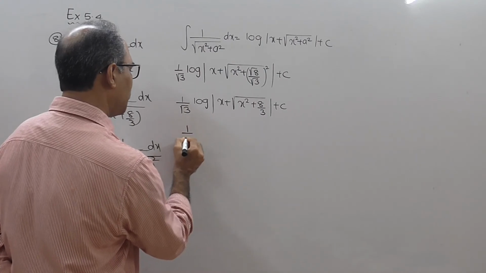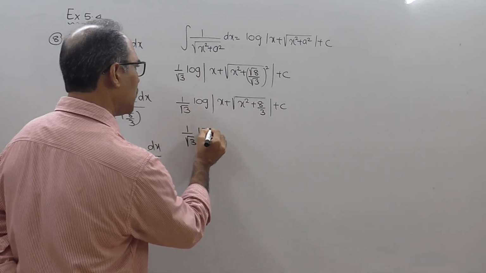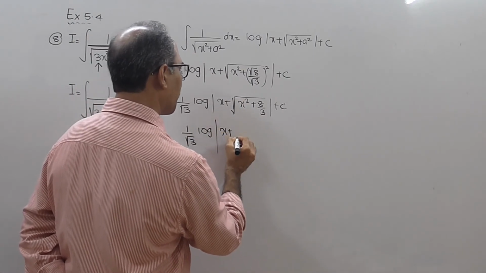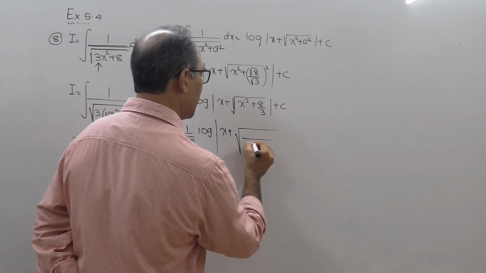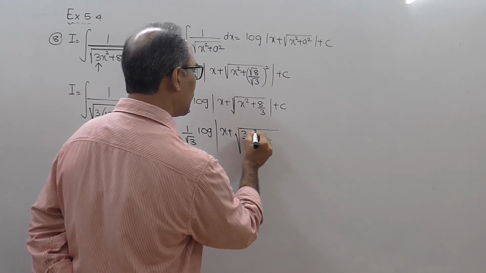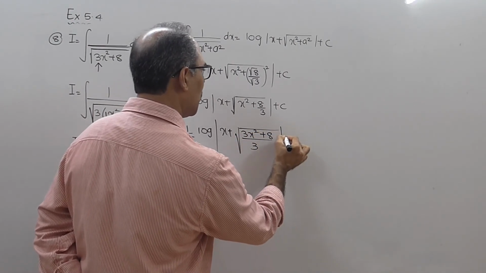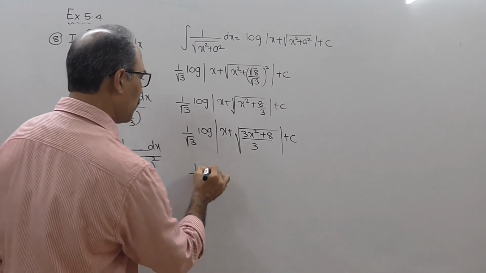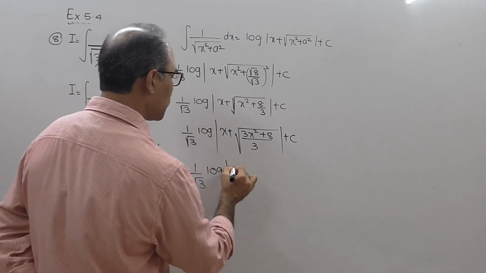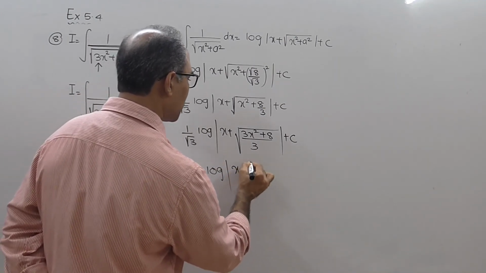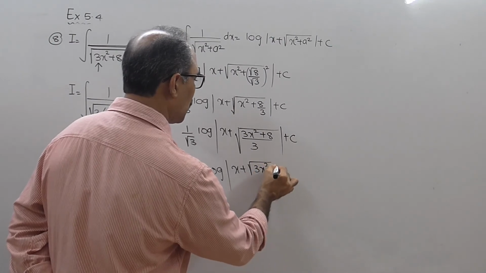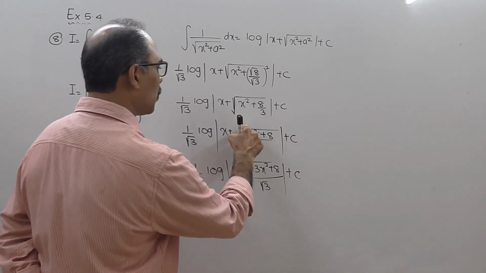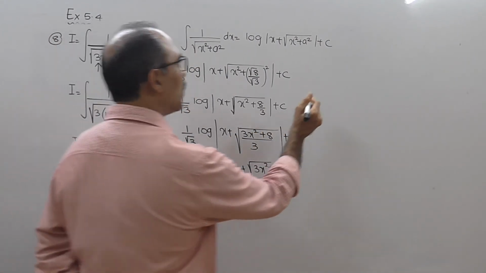Now this can be further simplified as 1 upon √3 log modulus x plus root of, take 3 as LCM, so you should get 3x square plus 8, plus c. So this is 1 upon √3 log modulus x plus √3x square plus 8 upon √3, meaning I am giving √3 for the numerator and √3 for the denominator.